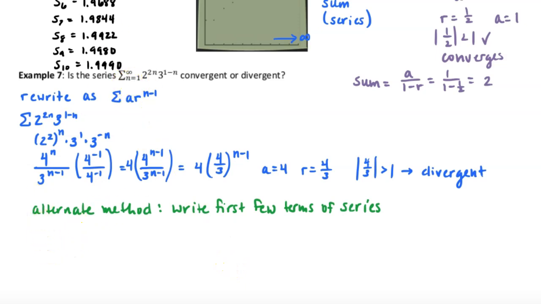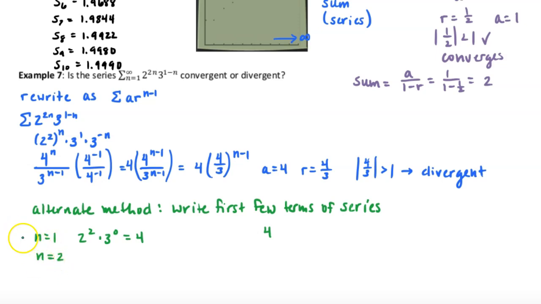And so let me start with n equals 1. So with n equals 1, when I plug in a 1, I get 2 to the power of 2 times 1, so 2 to the power of 2, times 3 to the power of 1 minus 1, 3 to the power of 0, and so this is going to be 4.